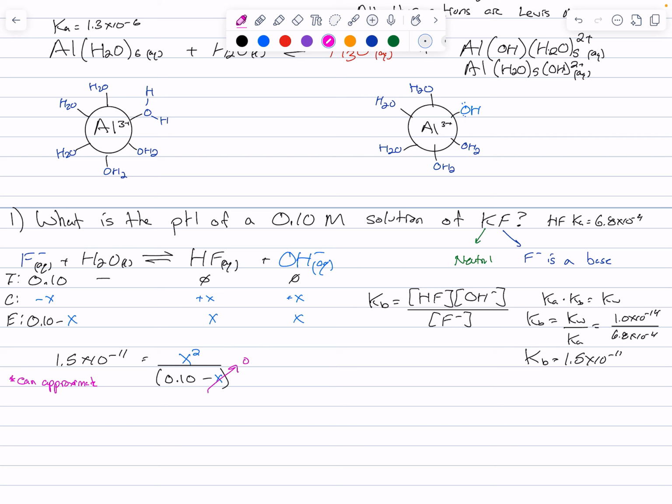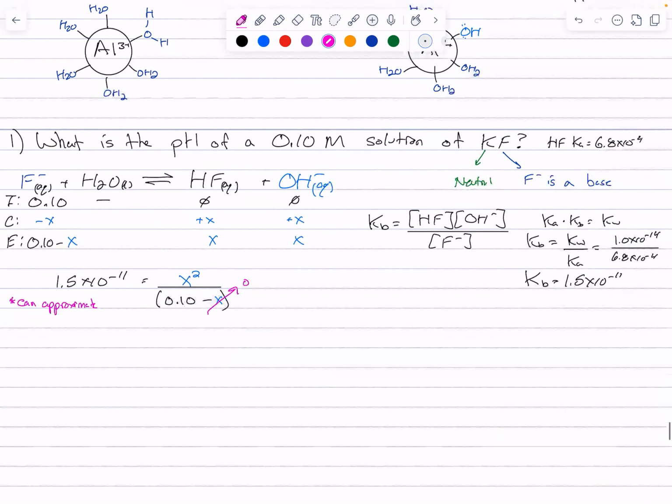We're approximating this change is negligible, because the initial concentration, 10 to the negative 1, and the K value, 10 to the negative 11, are 10 billion times apart. That's a big difference. So we're going to approximate this.